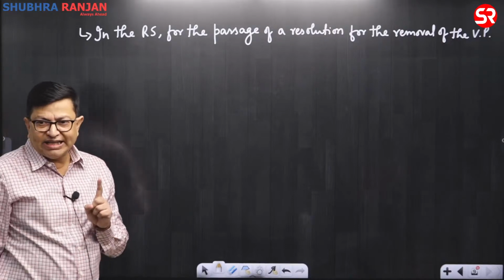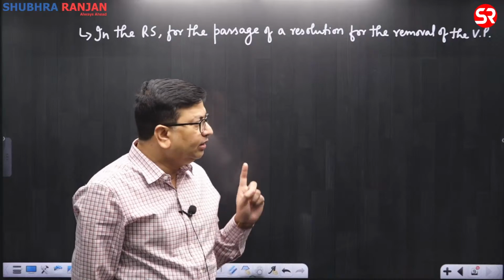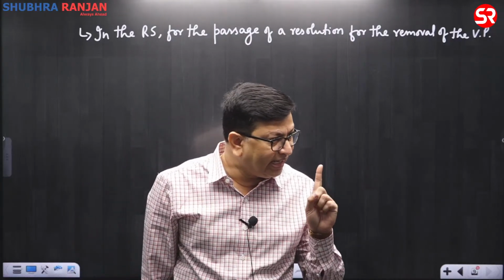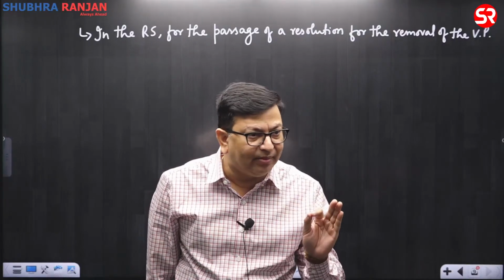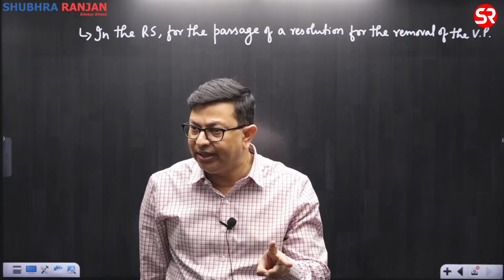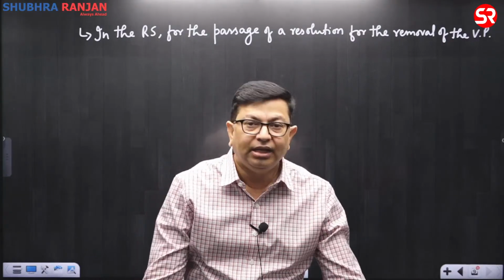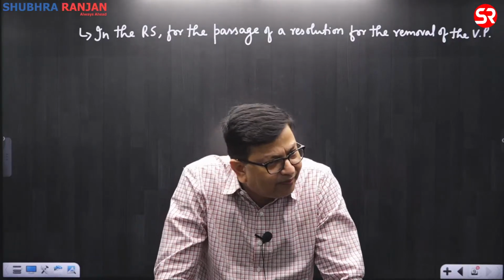So if the vice president of India is to be removed, then this majority will be required in the Rajya Sabha. When I say Rajya Sabha, it means Rajya Sabha. When we use the word Parliament, it means both the houses of Parliament. So suppose Sri Jagdeep Dhankhar is to be removed, then the resolution has to be introduced only in the Rajya Sabha.